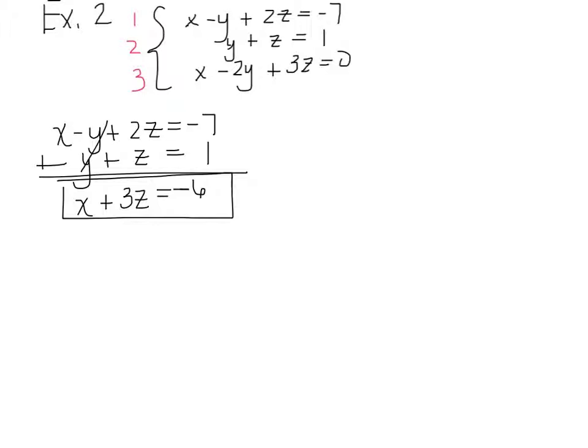Alright, so what I have to do now is pick two different equations and make the y's cancel. So I'll use equations 2 and 3. So this is 2, and this is 3.